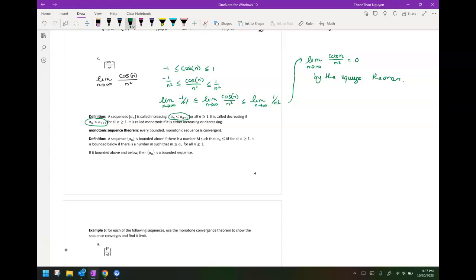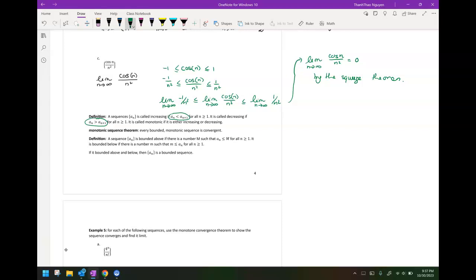Okay. Here's another definition. A sequence a sub n is bounded above if there is a number M such that a sub n is less than or equal to M for n greater than or equal to 1. It is bounded below if there is a number small m such that m is less than or equal to a sub n for n greater than or equal to 1.